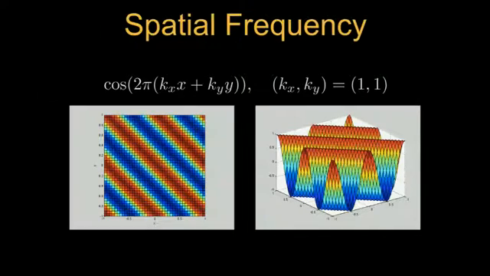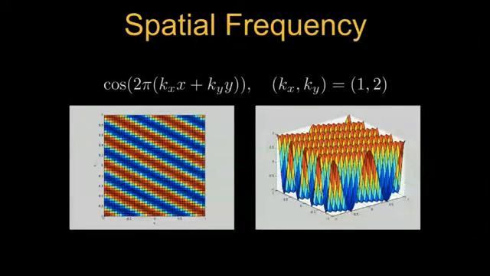Move right to left, you'll see 1 period. Actually, when you put this together, you have a cosine that's varying in both directions. And you can keep increasing the frequency for one or both of the dimensions. In this case, ky moves faster.